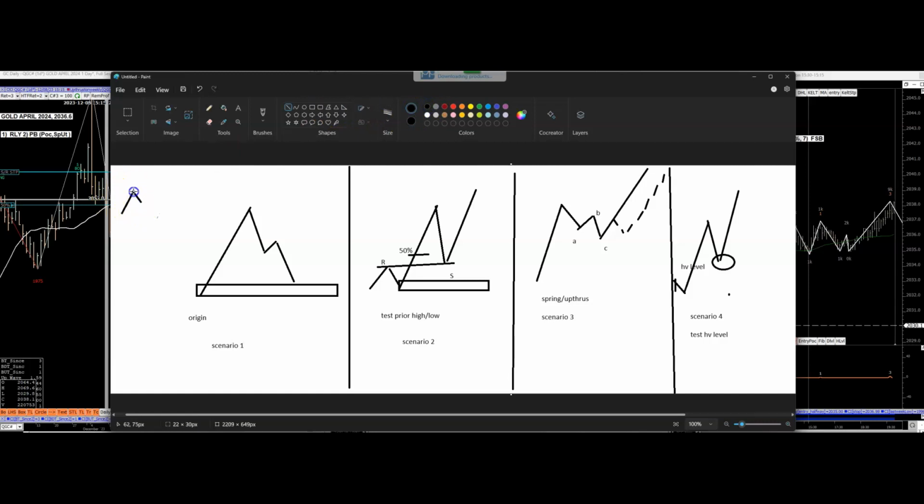It is much more than that. It's how to buy the pullback after a higher high, and how to exit after getting in.